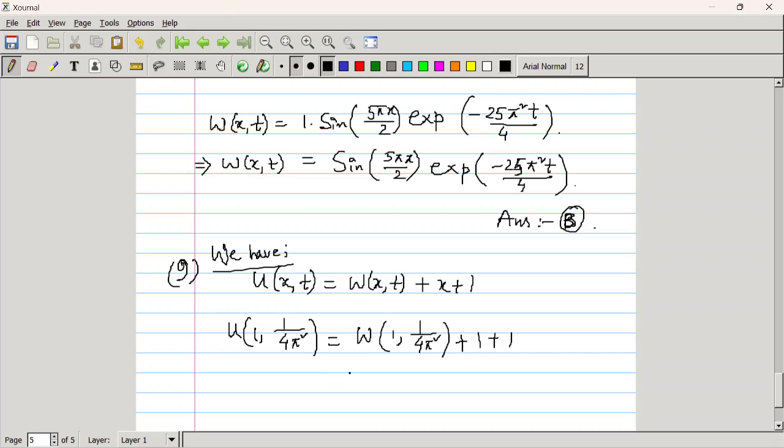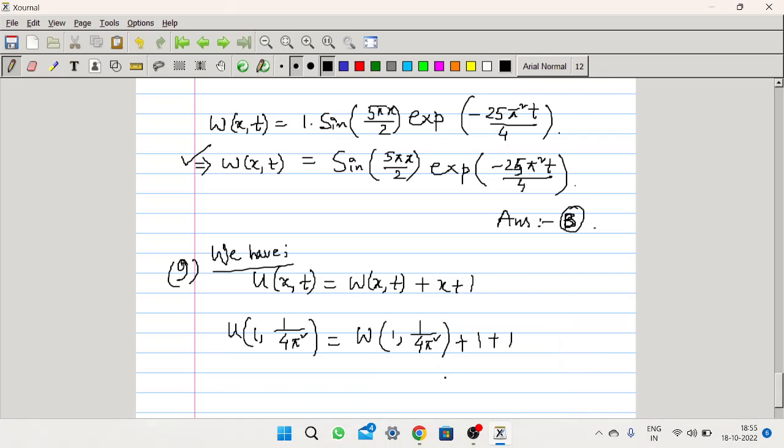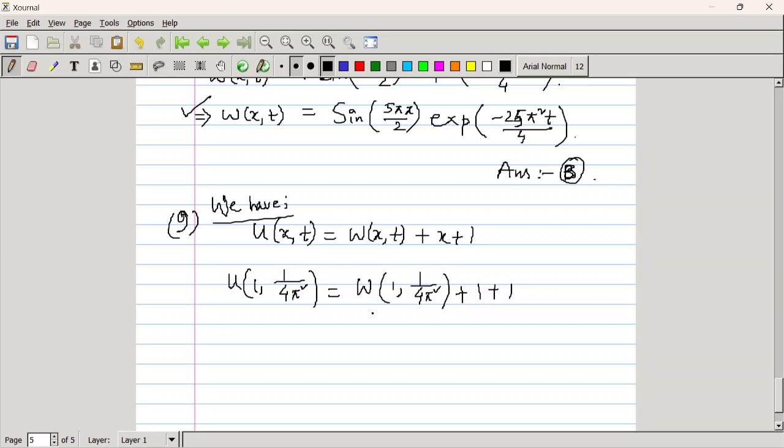Now w of 1 comma 1 by 4 pi square: I know w of x comma t equals this expression that I wrote. I put x equal to 1 and t equal to 1 by 4 pi square.